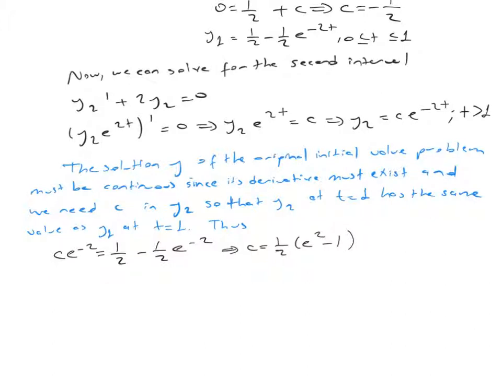Let's write the partial solution that we found. y is equal to 1 over 2 minus 1 over 2 times e to the minus 2t, where t is between 0 and 1, and y is equal to 1 over 2 times e to the 2 minus 1 times e to the minus 2t, where t is bigger than 1.